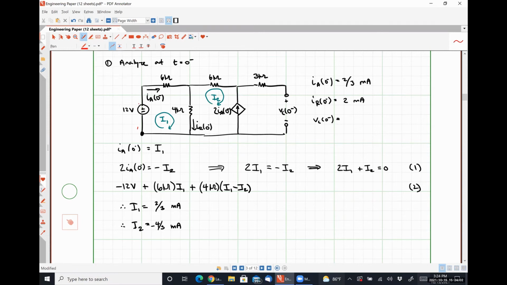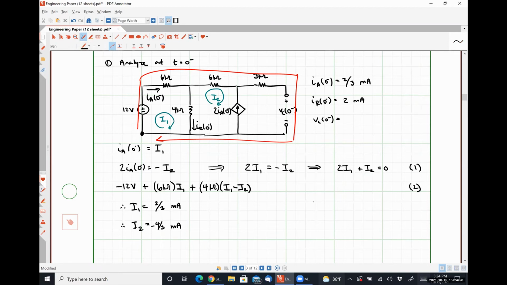I am going to choose to do my Kirchhoff's voltage law loop around the outside, because then I just have things. I know that that 6 kilo ohm resistor on the left is just multiplied by I1. That second 6 kilo ohm resistor is multiplied by I2. There's no opportunity for me to make any silly mistakes about forgetting parts. It's just a simple KVL loop, right?